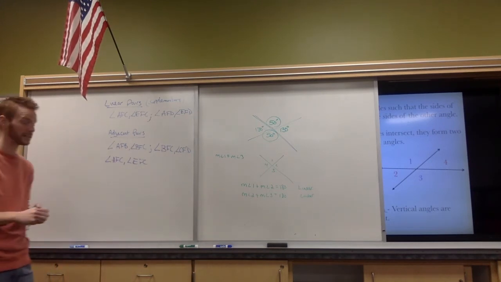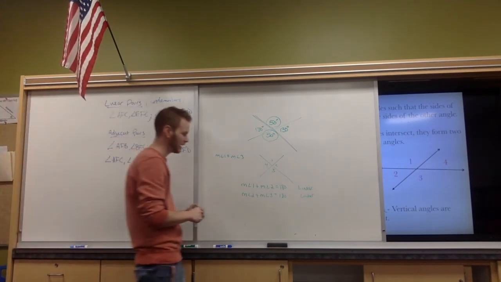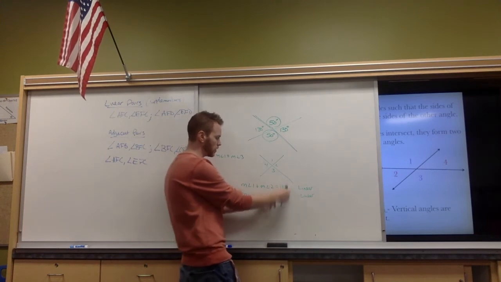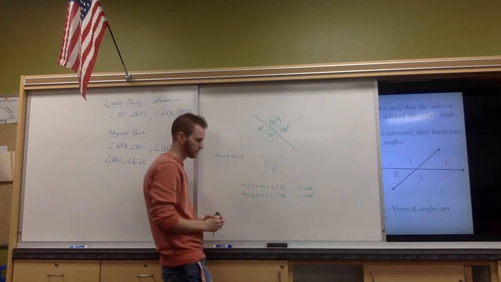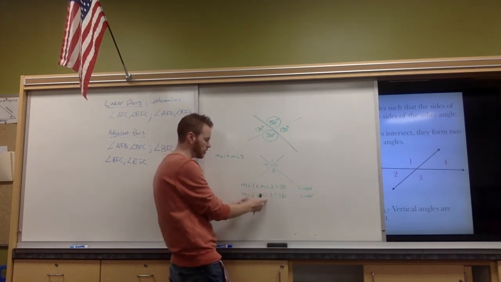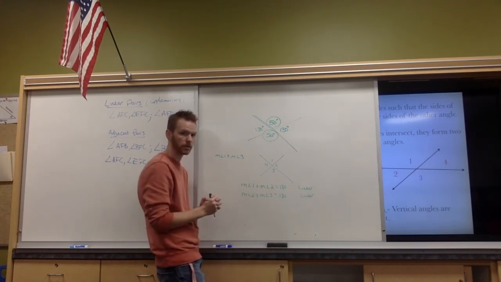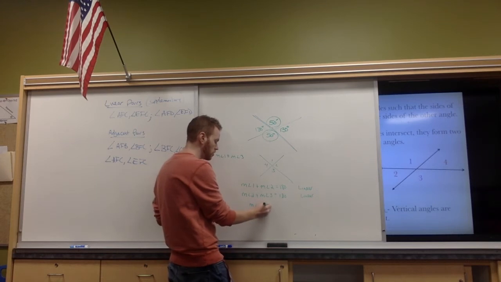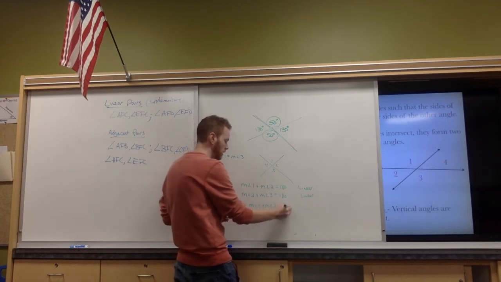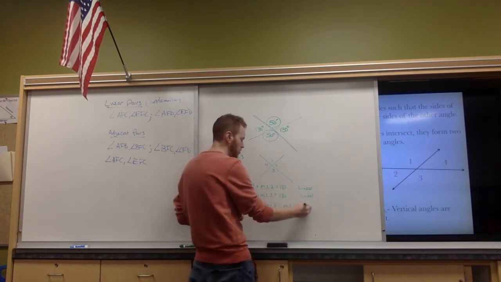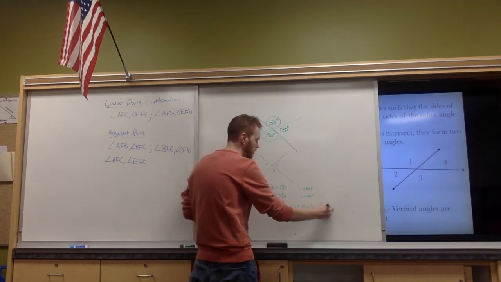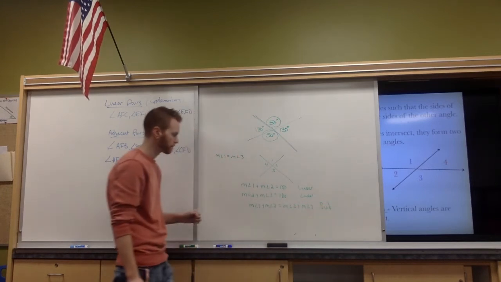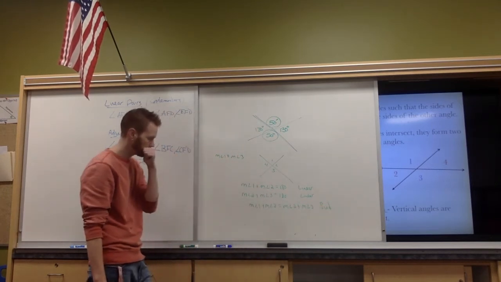We could do something different, and I'll talk about it. You see how both sets of equations add up to the same thing? If that's the case, then these two must be equal to each other. So I can substitute here. So the measurement of 1 and 2 equals the measurement of 2 and the measurement of 3. That's a substitution step because they both equal 180.